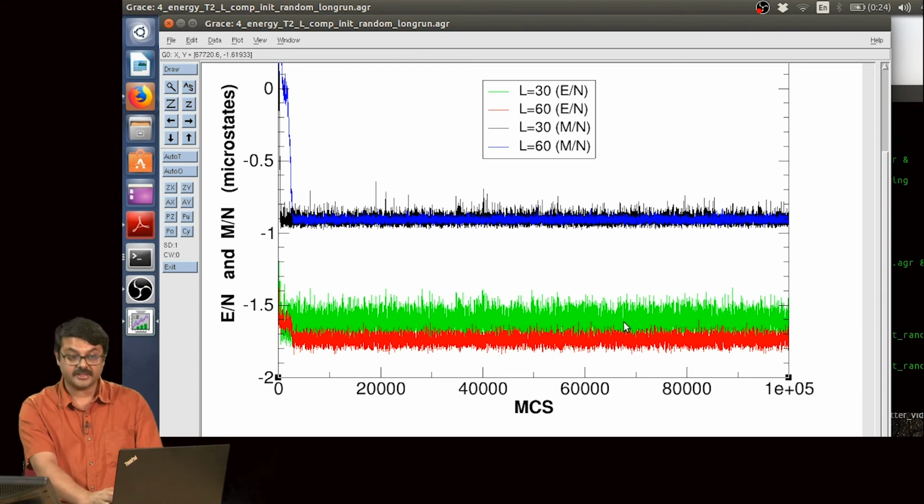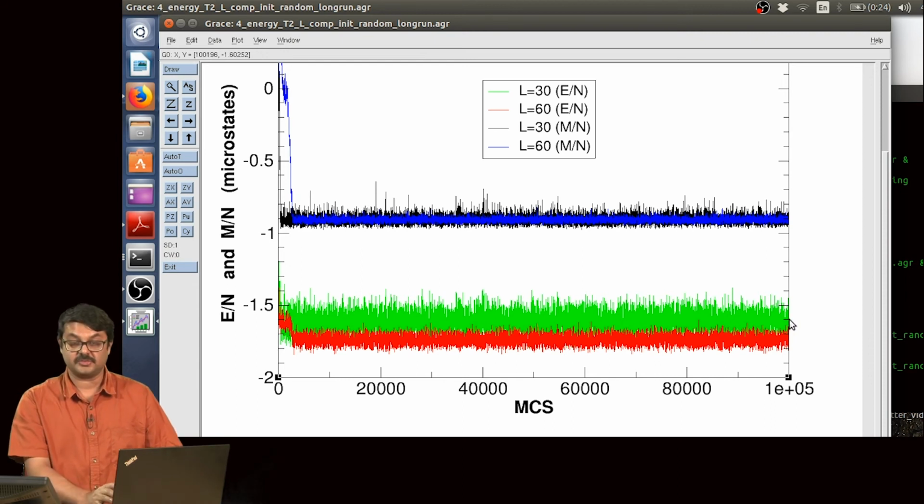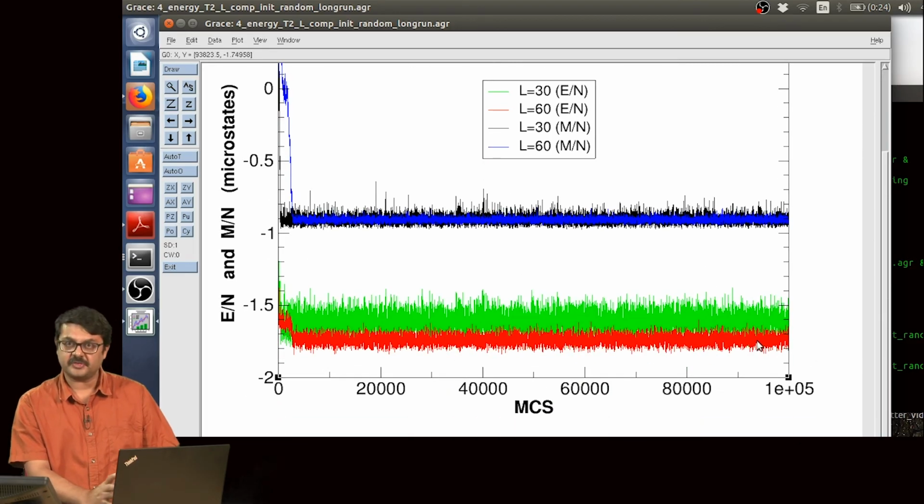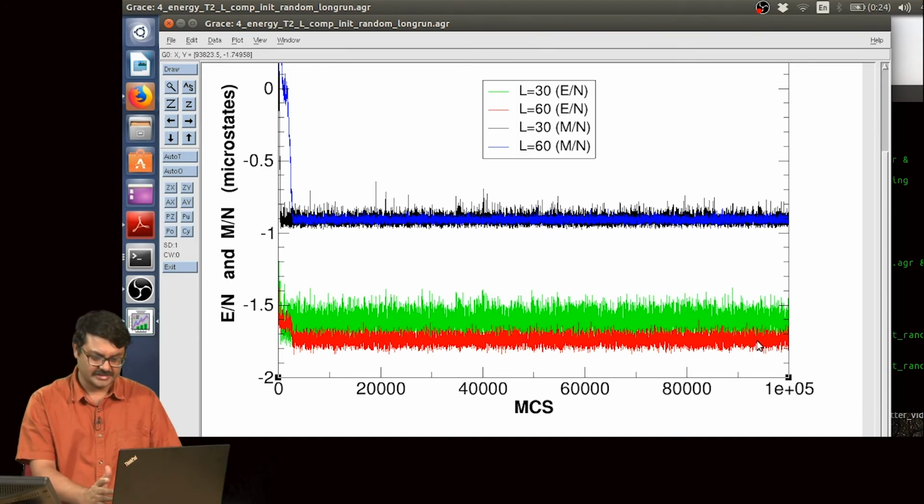So, if we calculated the mean from this, which would essentially be the thermodynamic mean which you compare, at t equal to 2, then there would be a shift. So, which data should we rely on, L equal to 60 or L equal to 30?